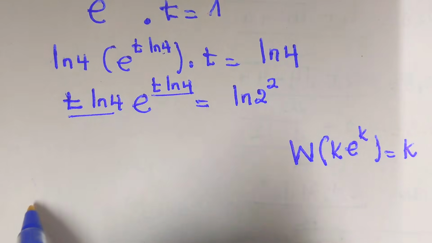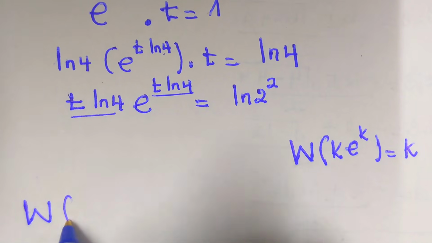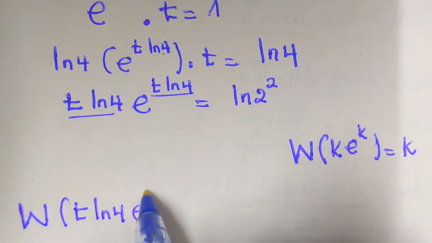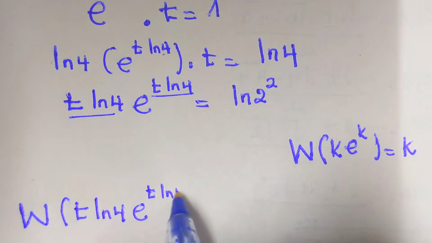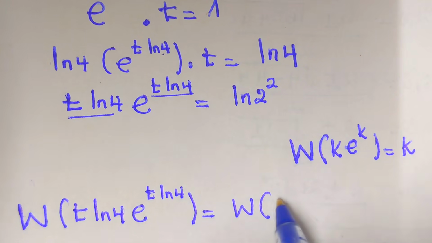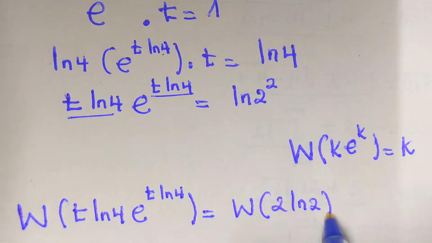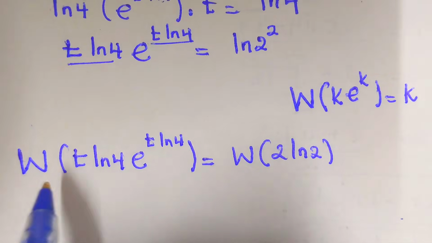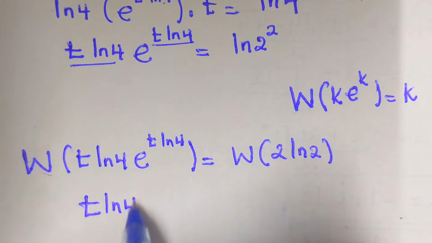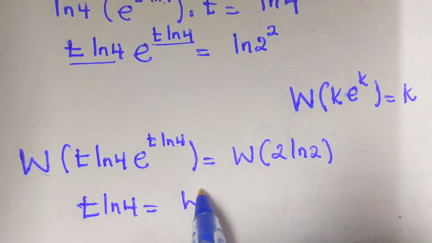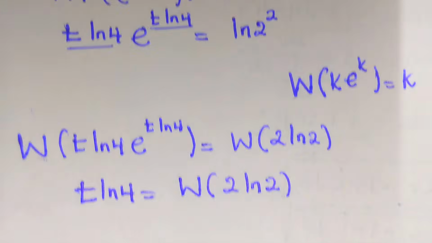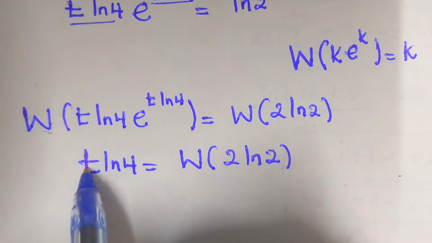So we apply the Lambert W function of t ln of 4 e power t ln of 4, which will equal the Lambert W function of 2 ln of 2. Now at this stage t ln of 4 equals the Lambert W function of 2 ln of 2.